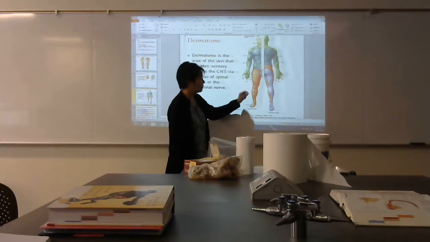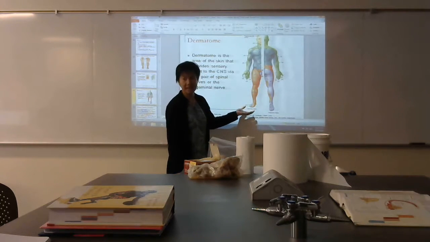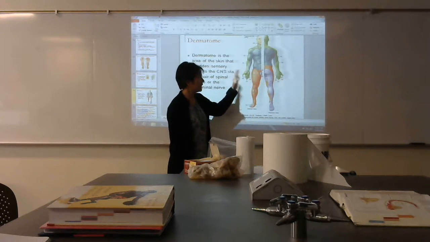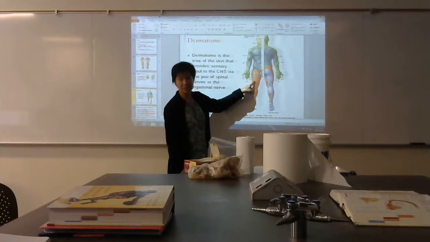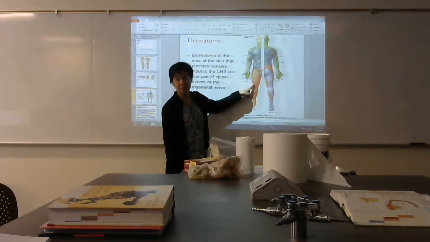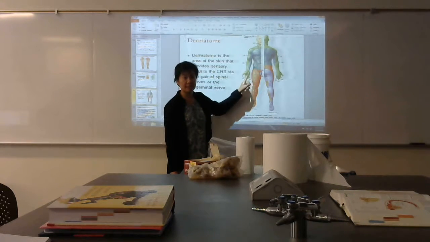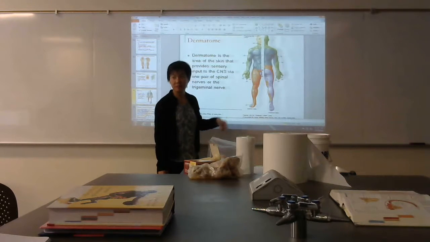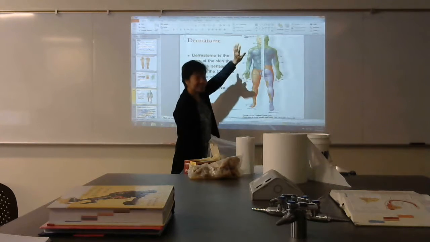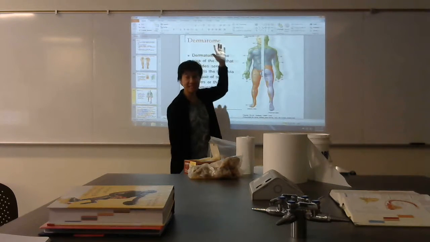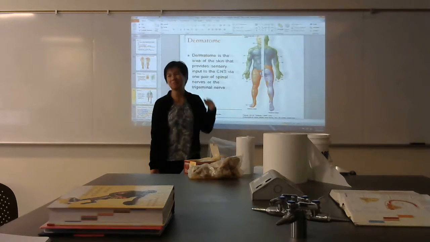So that's why they do specific testing on every area, and they always have this map in their offices to have an idea of where the damage will be. If you have a problem here, it's not the thoracic that will be your pathology, it will be in the lumbar. See? Does it make sense? You need to memorize this because it's going to come out in your test. No, I'm just kidding. It's too much. But you see, there's a map like this. See, it tells you. It's amazing. To me, it's a blessing. It's very, very specific.